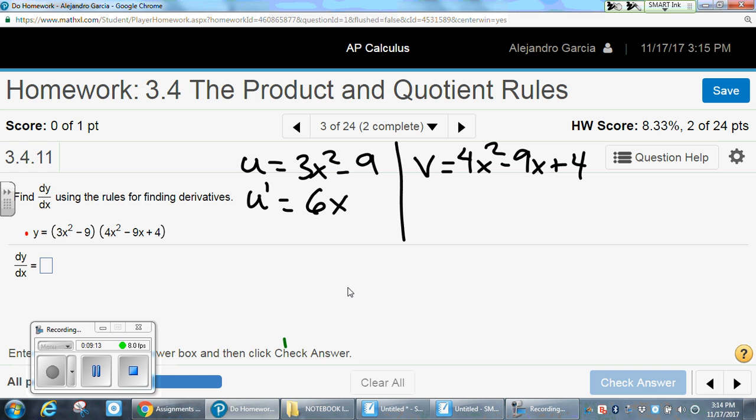Make sure you guys are using your own formula. And then V prime is 8x minus 9. Okay. So now we're going to follow the formula, and I would suggest that every time you use it, you write it down. So u prime v plus u v prime.